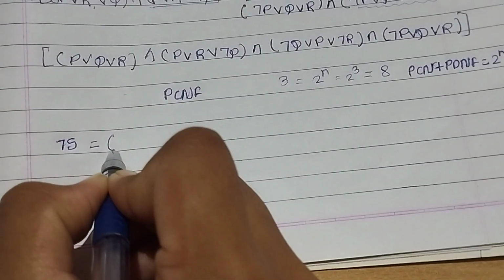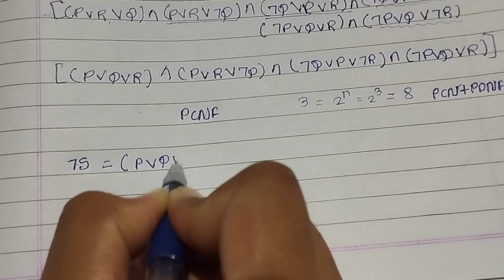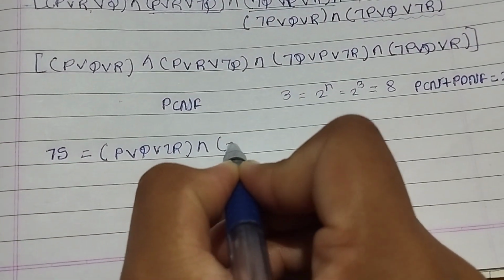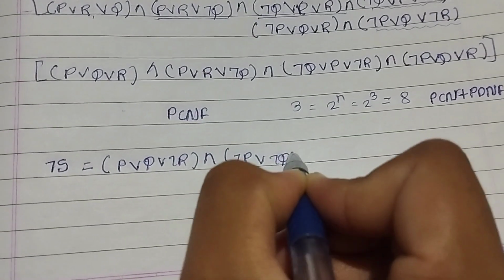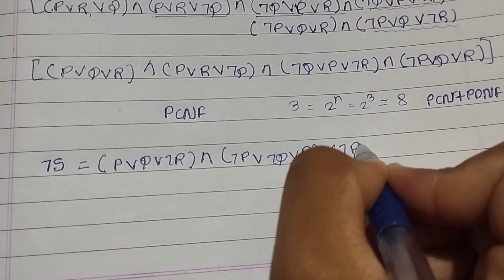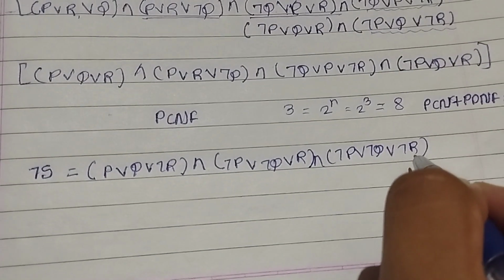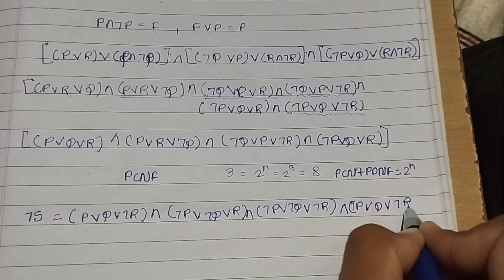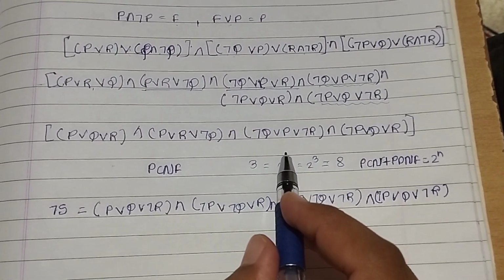So those are P or Q or negation R, and negation P or negation Q or R, and negation P or negation Q or negation R. The last one is negation P or Q or negation R. These are the remaining PCNF brackets not in the above equation.